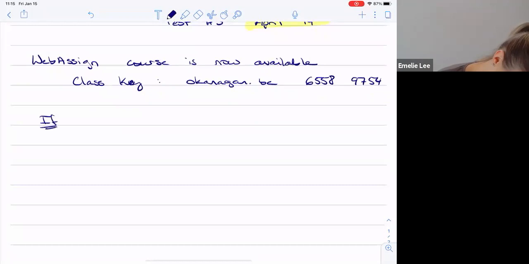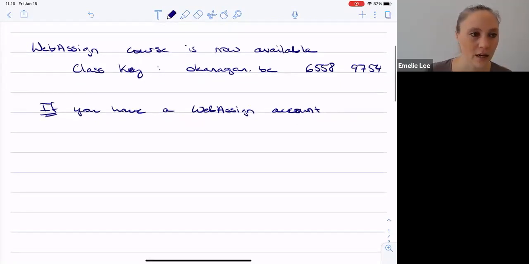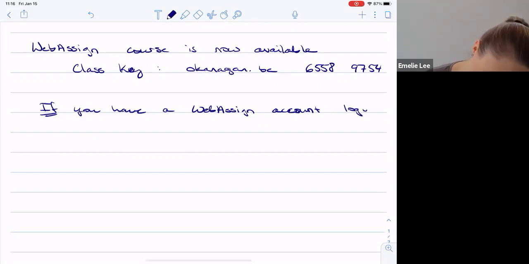So I will put that if you have a Webassign account already, and it might be just a good kind of trial and error thing. If you have a Webassign account, log out after you have registered.